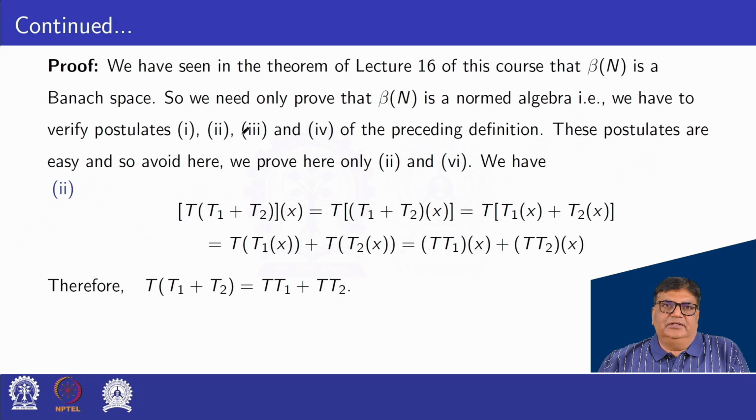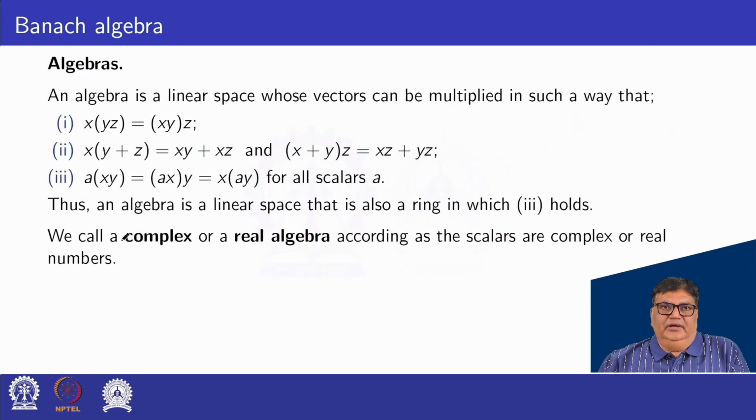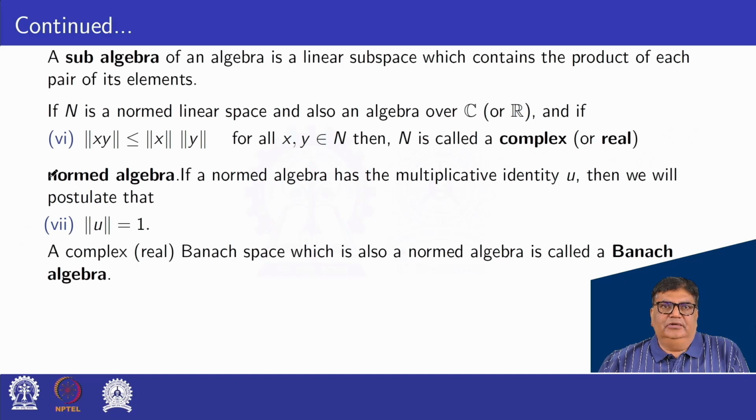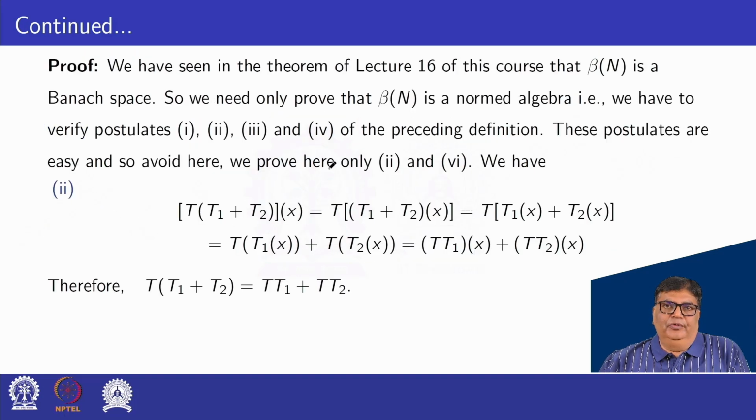These conditions are easy and so we avoid them here. We prove here only second and sixth. These are the conditions of algebra. Total 7 postulates. We prove here only second and sixth.